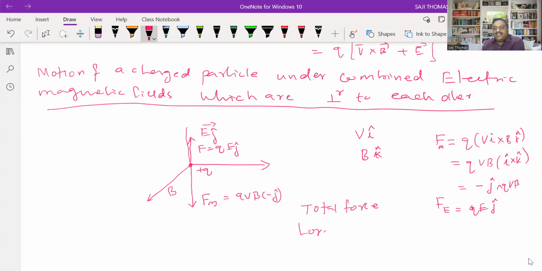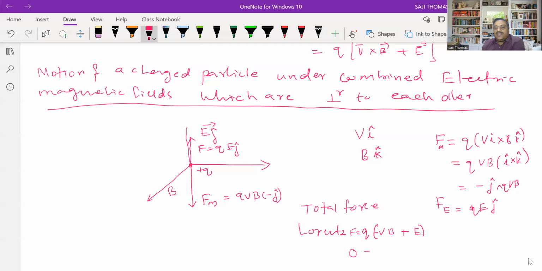So Lorentz force is q into, what is magnetic force? q into vB, that was minus q into vB plus q into E. If these two forces are equal and opposite, what will happen?